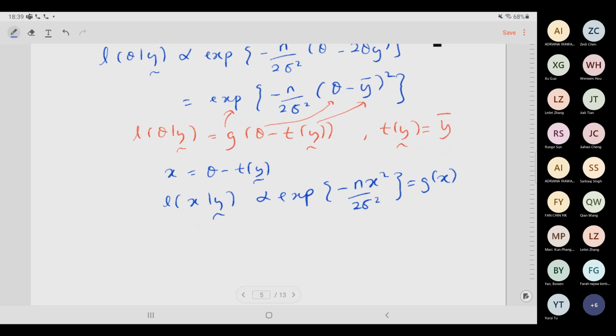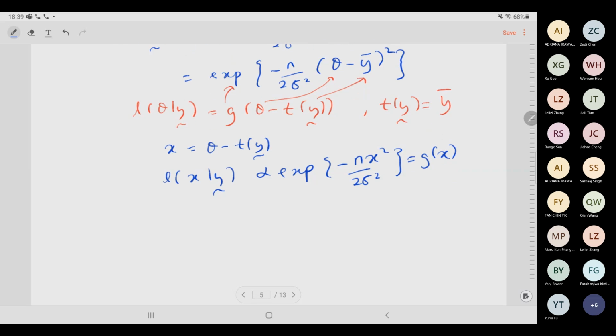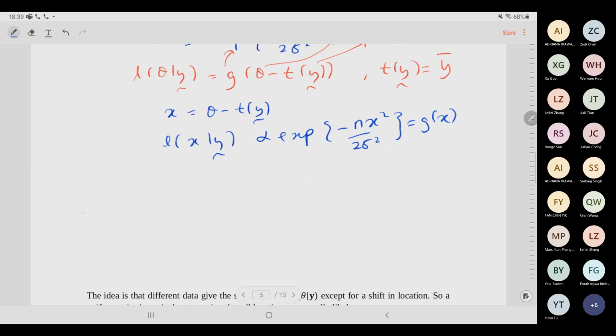So if you have this likelihood, the graph would look like a function of, for example, x. If you have an x here, the PDF, or the shape, will be the same.